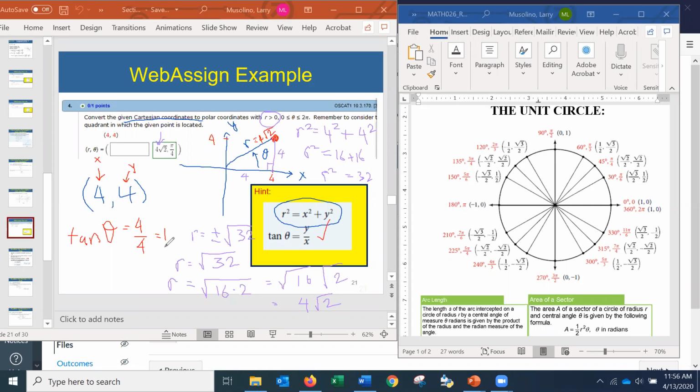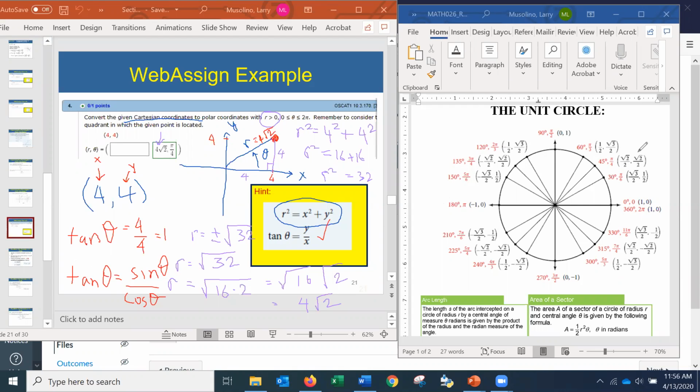Well, remember, tangent is sine over cosine from its definition. So if the tangent is equal to 1, it must mean the sine and the cosine are the same value. So I'm looking for where the sine and cosine are the same value.